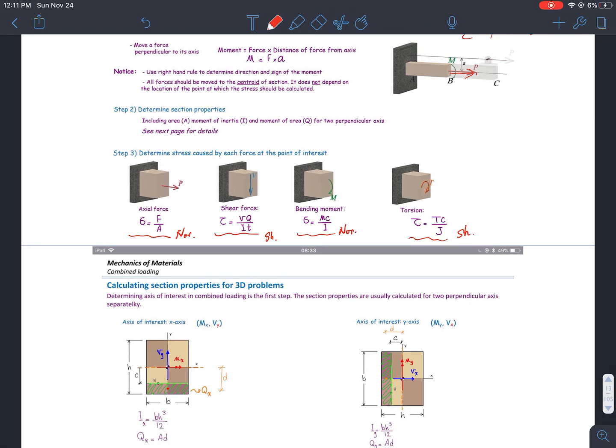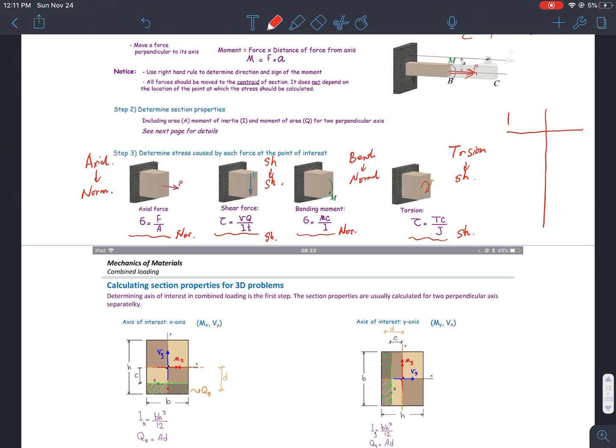Okay, so notice that my axial force generates normal stresses. Shear force, of course, generates shear stresses. Bending moment generates normal stresses. And torsion generates shear stresses.